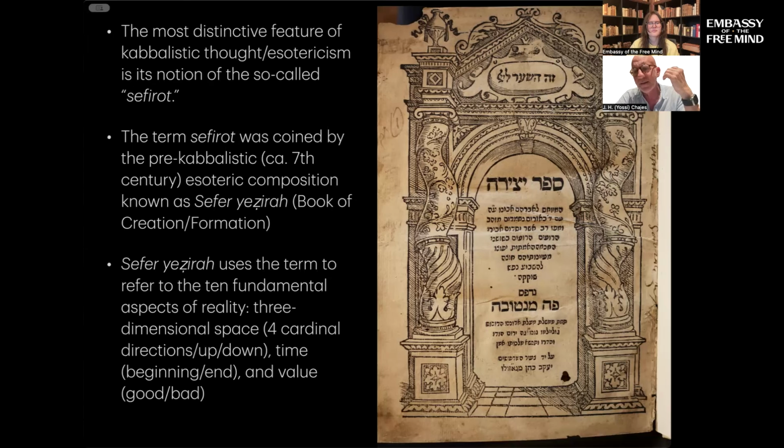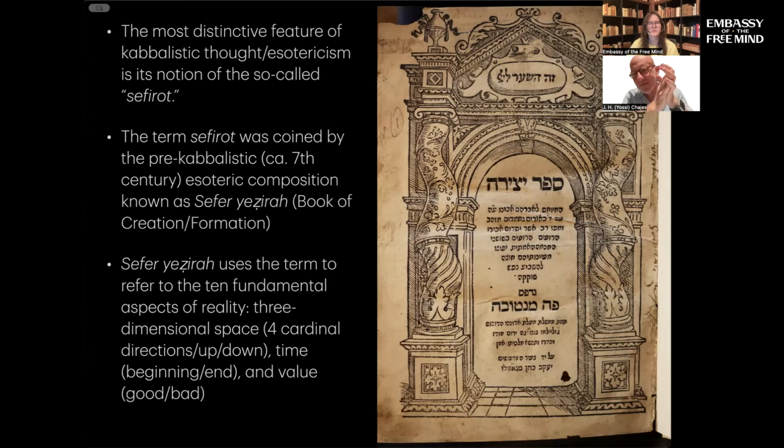And Sefer Yetzirah has a very powerful poetic style, and one of the things that it almost chants as an incantatory prose is there are 10 and not 9, 10 and not 11. These are the 10, the 10 sfirot, 10 sfirot of nothingness.